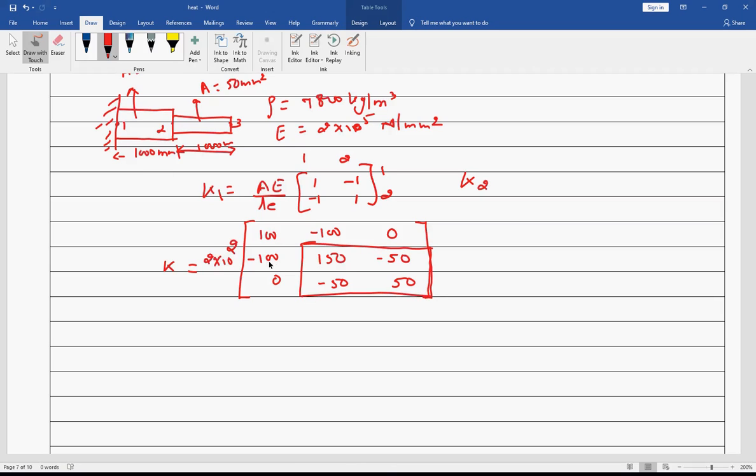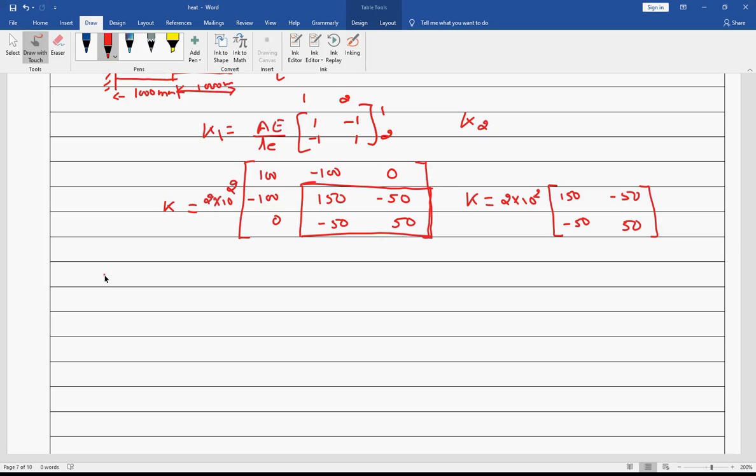Because it is fixed at this one, so it automatically gets eliminated, and this is my global K. So I can write my global K as, okay, common factor is 2 into 10 to the power 2, and then I'll be having 150 minus 50 minus 50 and 50.